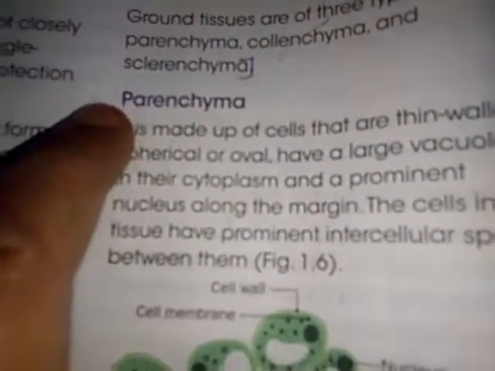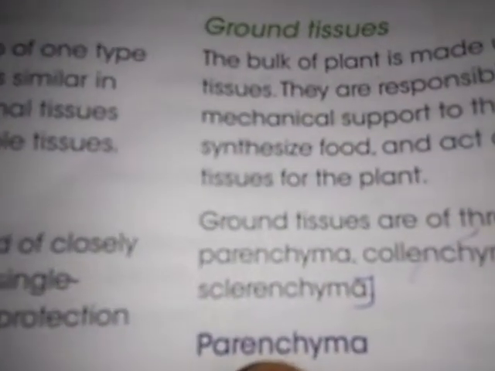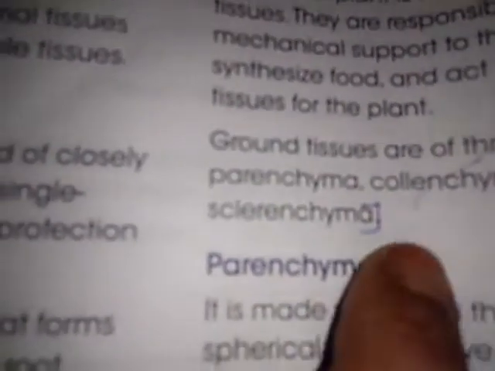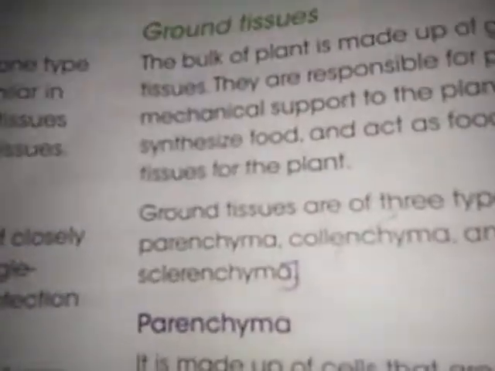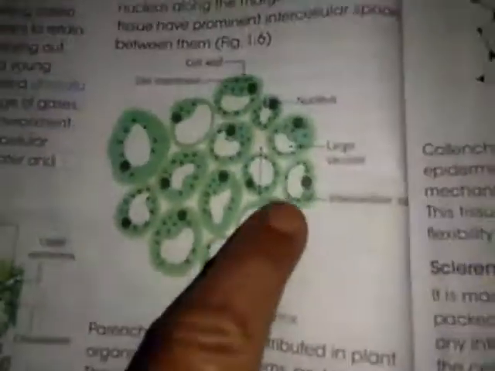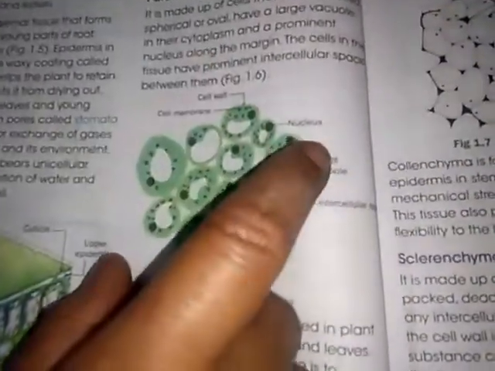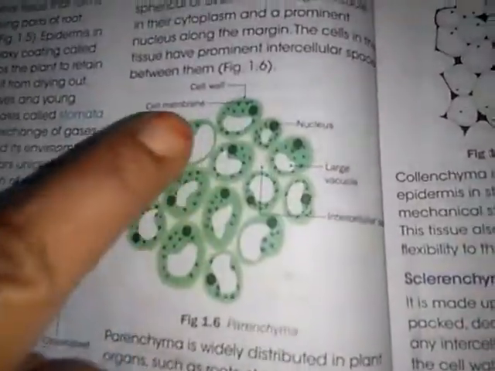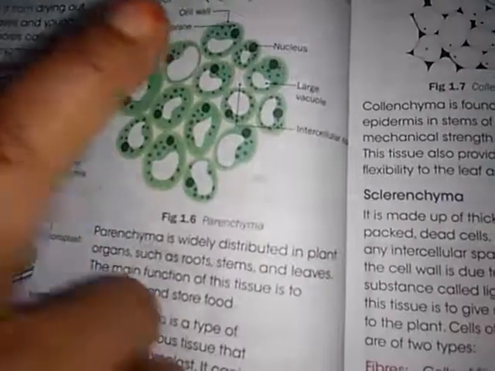Now we can see about parenchyma. Parenchyma is a type of ground tissue. We already know that tissue is made up of a group of cells, and parenchyma is made up of cells.